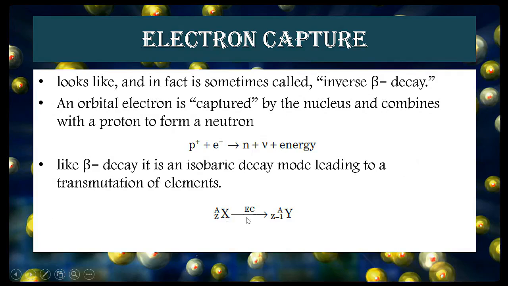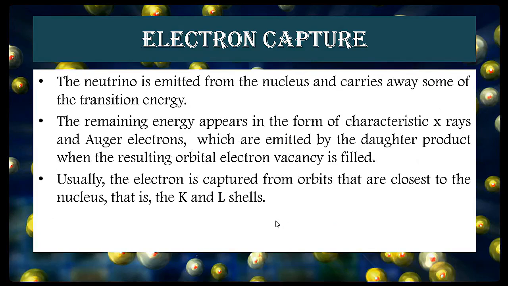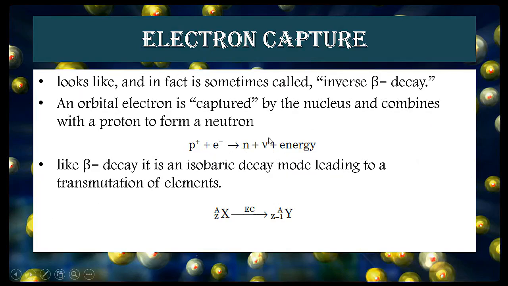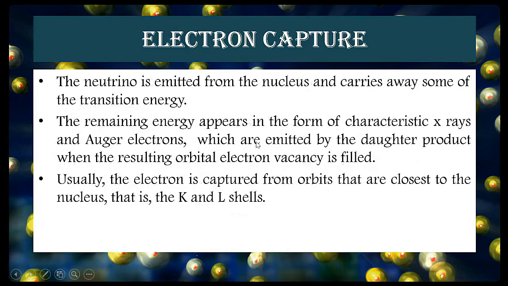In electron capture also, the atomic number is reduced by 1. A neutrino will be emitted from the nucleus, and it will carry some energy. The remaining energy is emitted as characteristic X-ray.